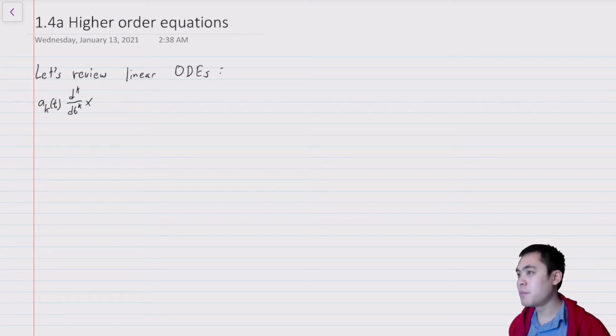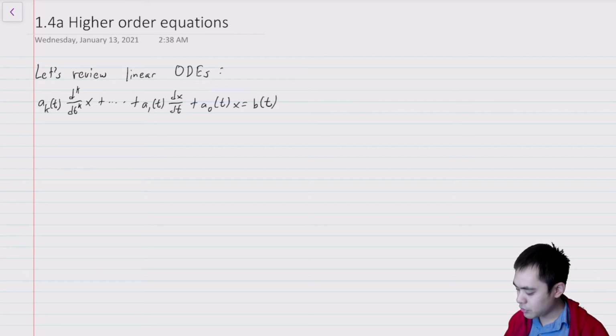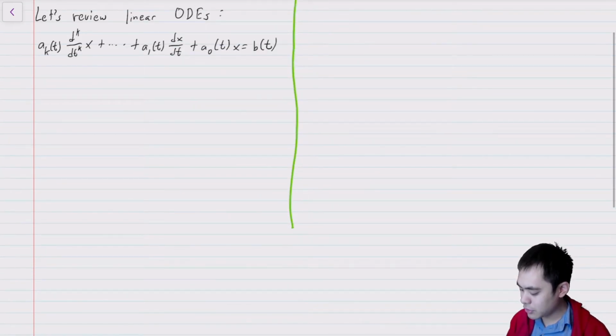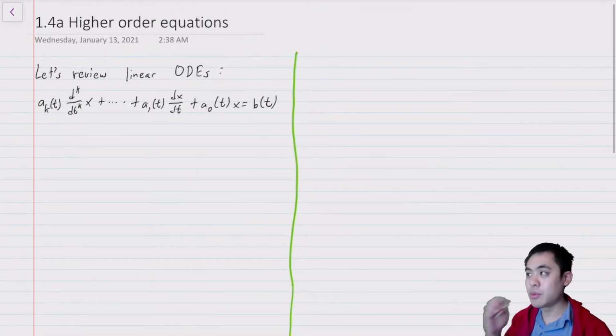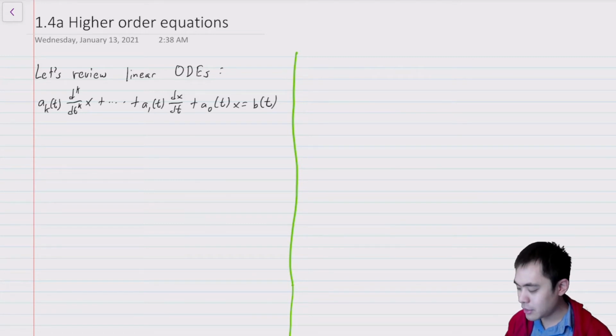So this is the differential operator applied k times to x, and the summation all the way down to a_1 of t dx/dt plus a_0 of t x is equal to b of t. And I'm actually going to only use half the space here, because we'll see later that on the right-hand side we'll solve linear difference equations. So actually, let me just do that in tandem.